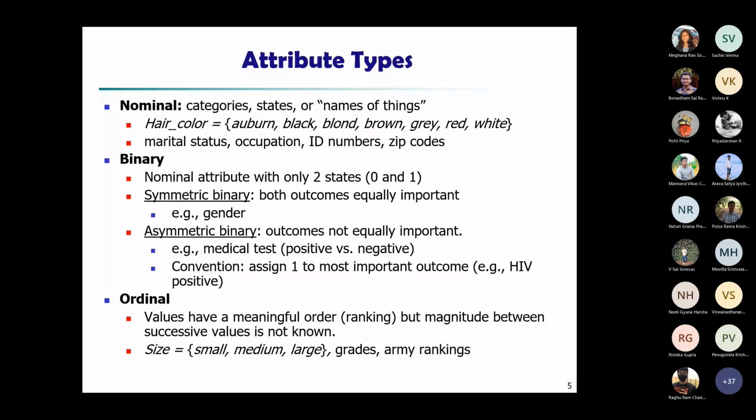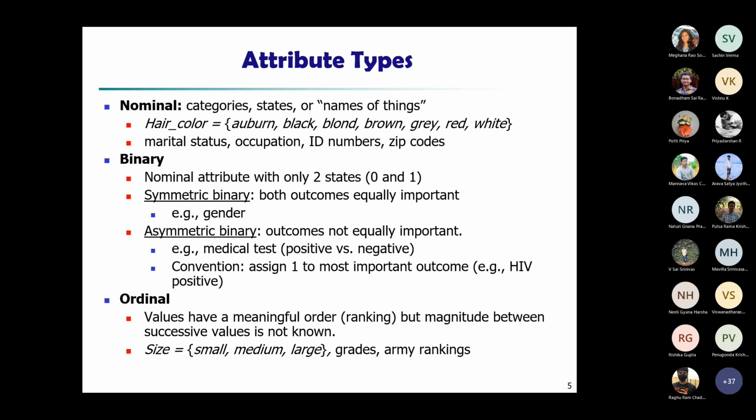Subtracting and all that does not have any meaning, though you have a number representing, say, color or marital status. It does not make any sense to do mathematical operations. Okay, so these are nominal attributes. Of course, even performing your average, that is the mean, median, etc., also does not make any sense because it is not quantitative. It is just some categories.